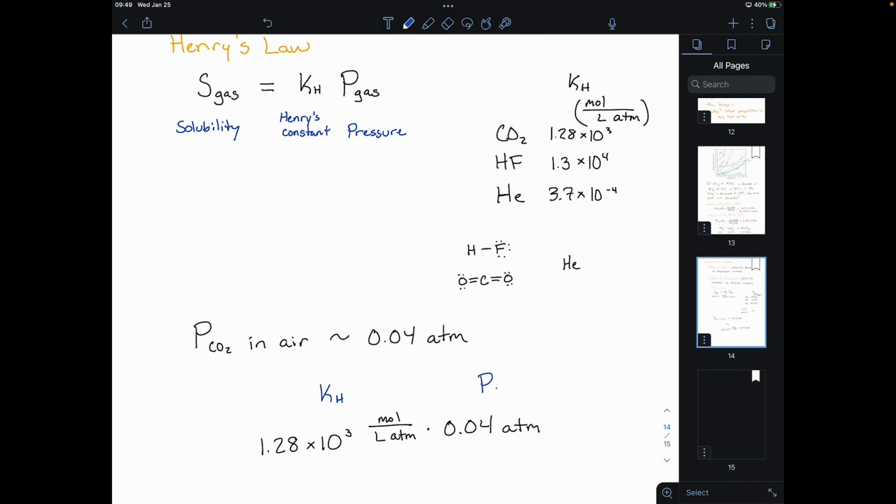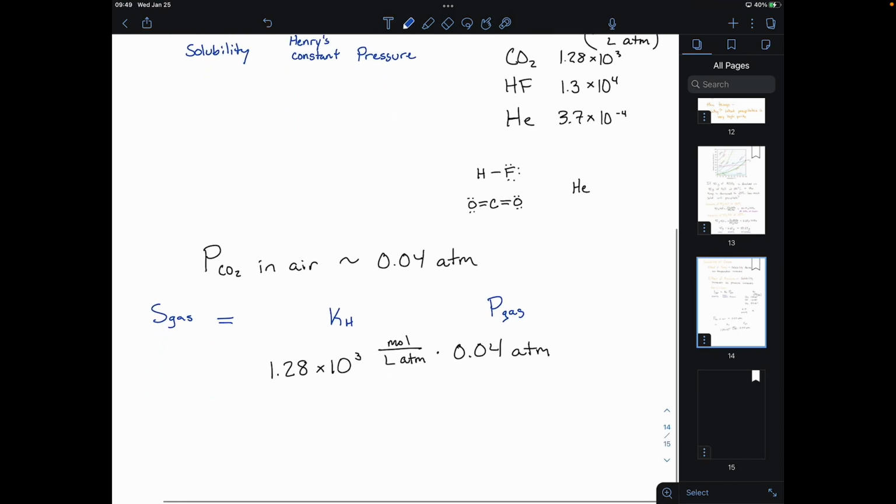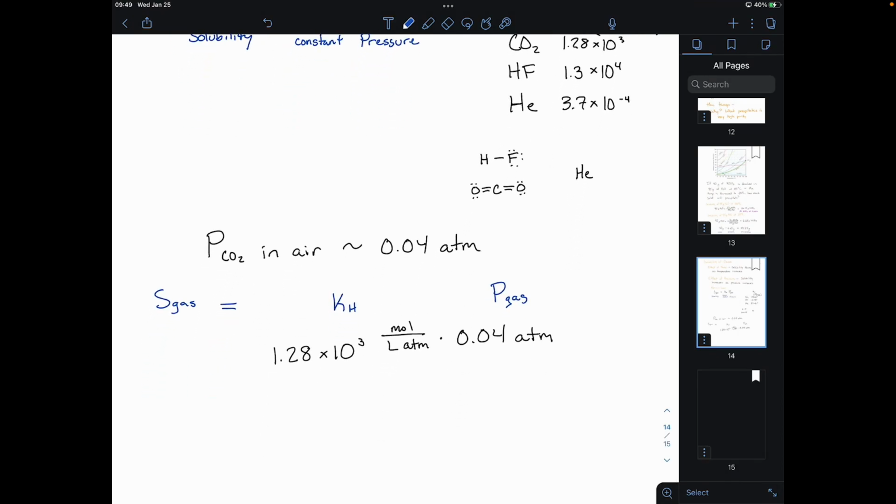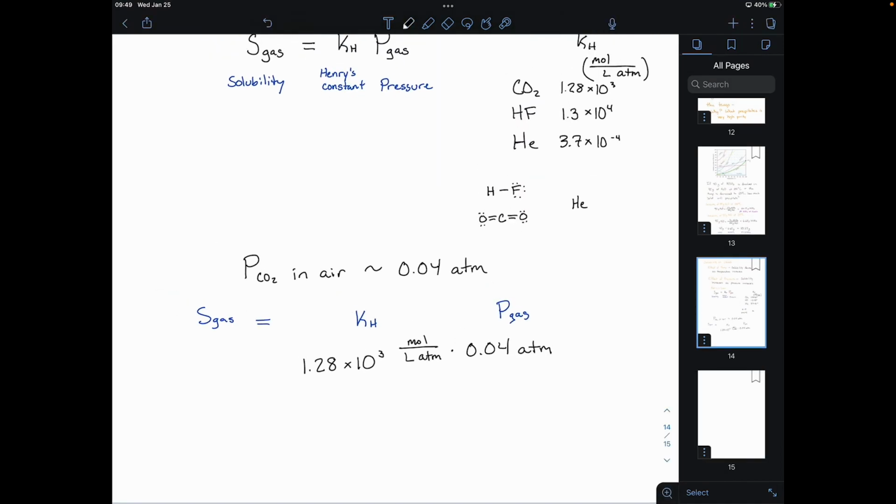This was our pressure of the gas. And so that product is just the solubility of the gas. That seems too high. We're going to roll with it.